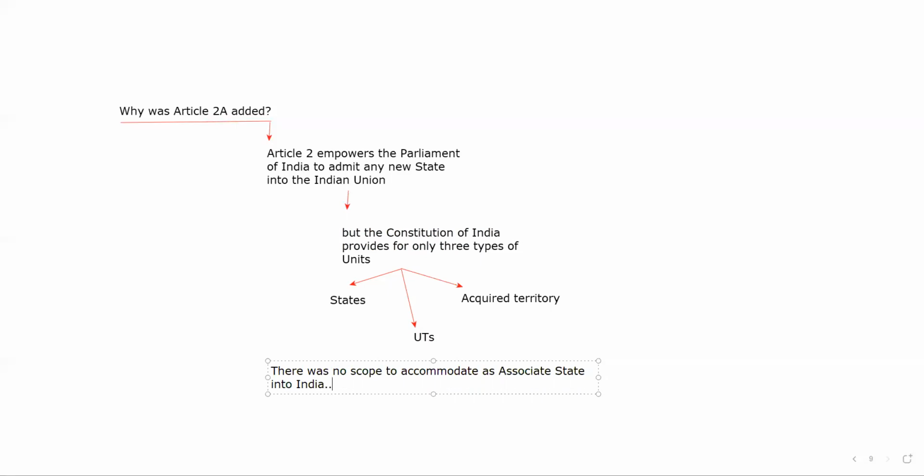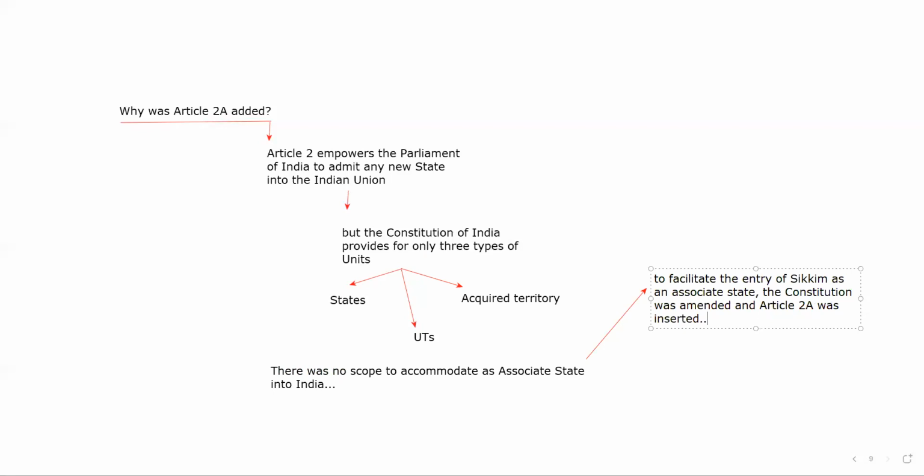So that is why, to facilitate the entry of Sikkim as an associate state, the Constitution was amended and Article 2A was inserted. So this is the point here.